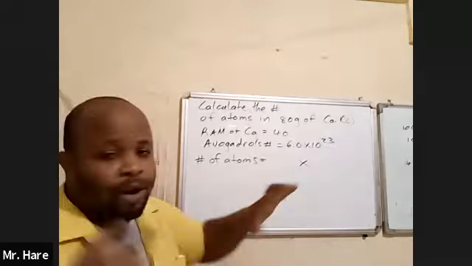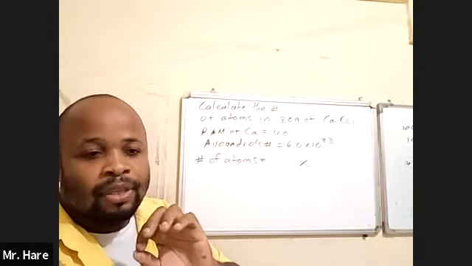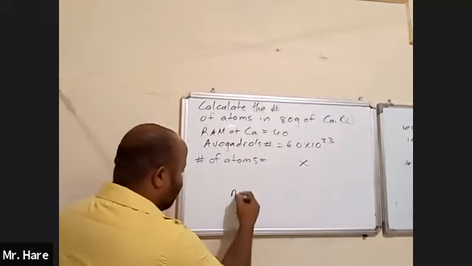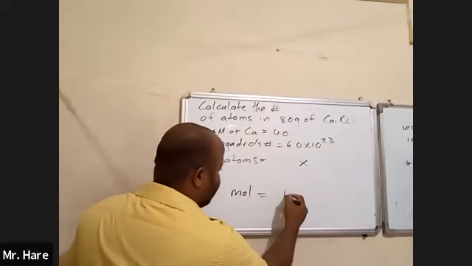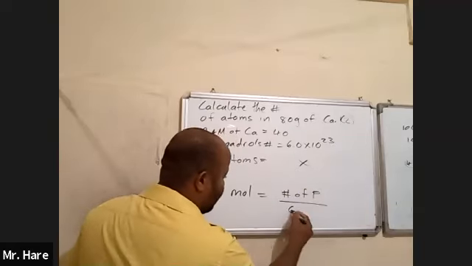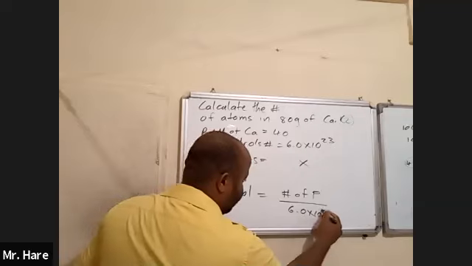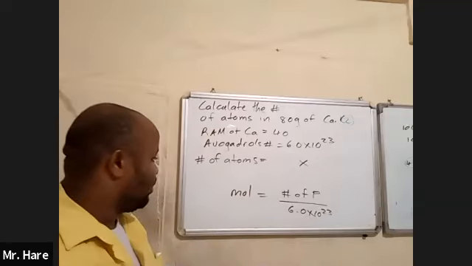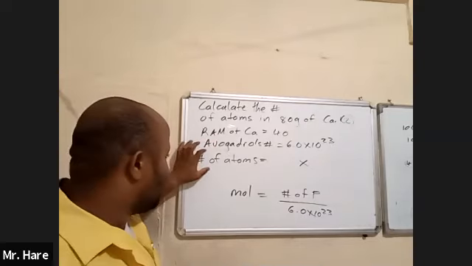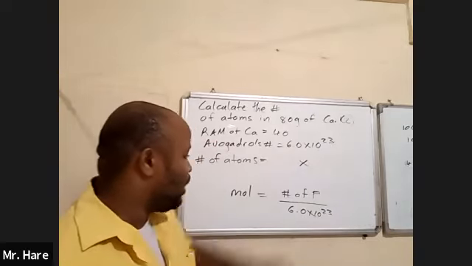In the equations I just gave, we would have the mole, the number of particles, and the constant. So if you're finding the number of atoms, we must multiply.